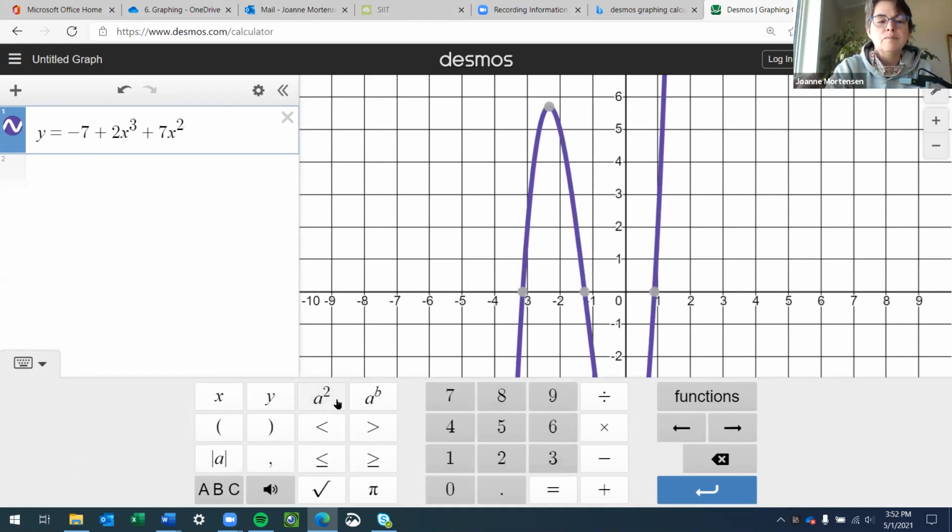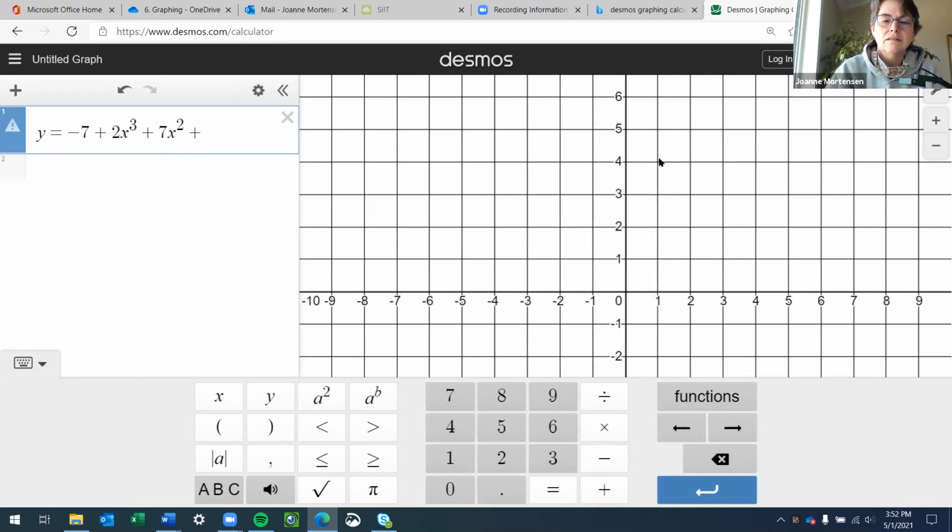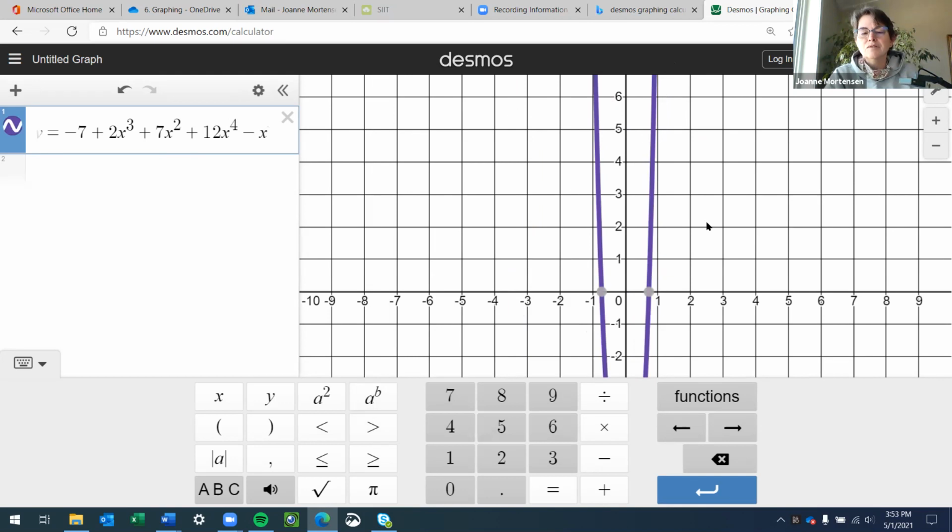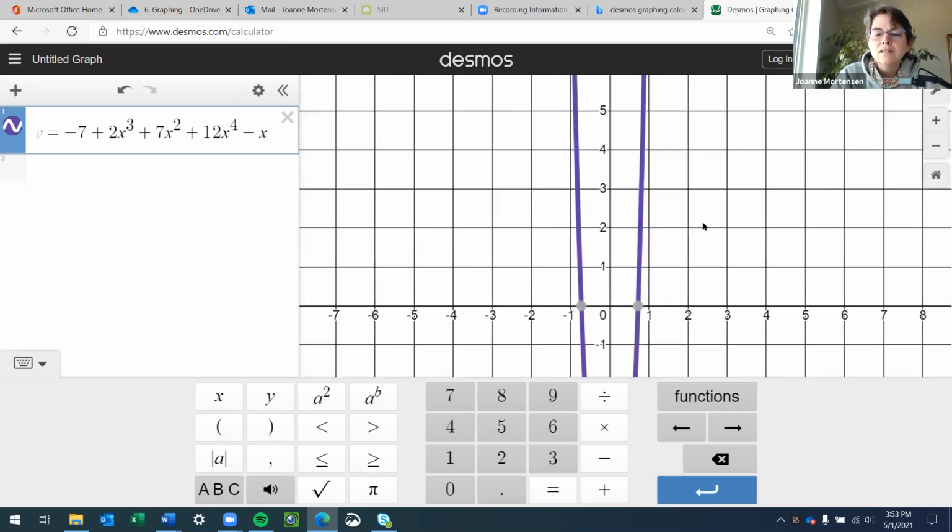You can see as I keep adding stuff, the line keeps doing crazy stuff here. Plus 12x. Oh, let me run into trouble with what my graph's going to look like. Minus x. Okay. Oh, no.